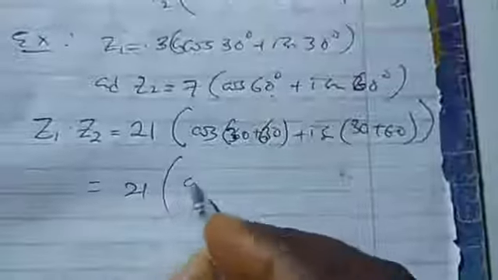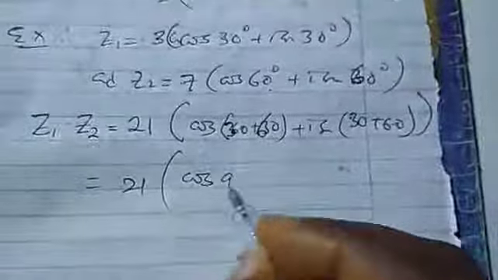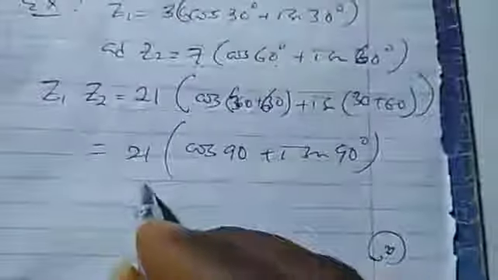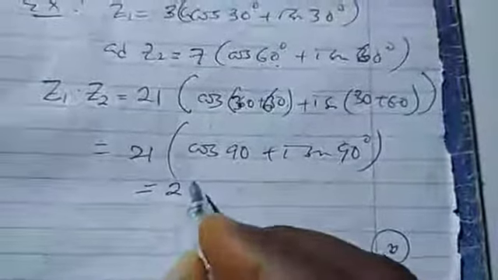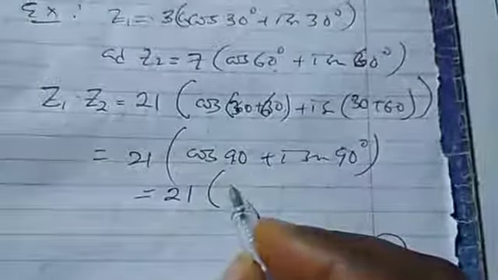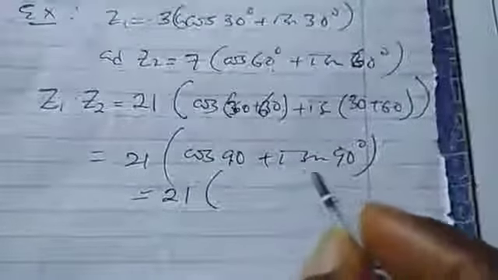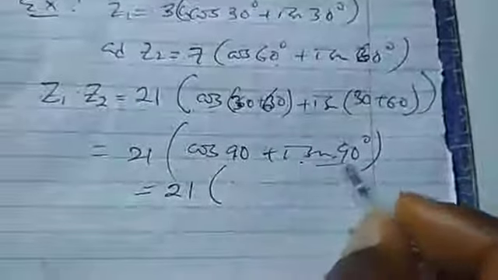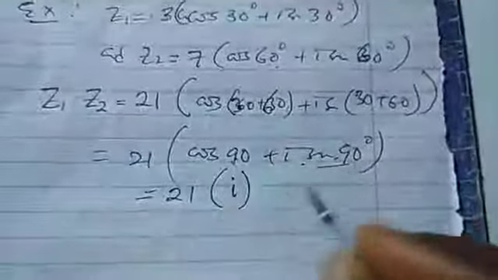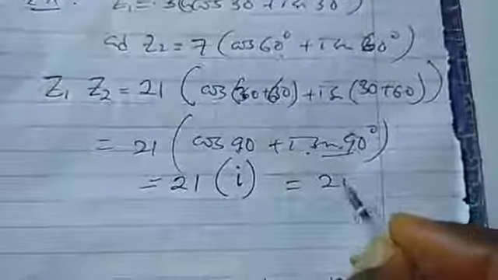This is 21 into cos 90 plus i sine 90. It will now be simple from this place. Cos 90 gives me 0, sine 90 gives me 1. So what we have here is just i. Our answer is 21i.